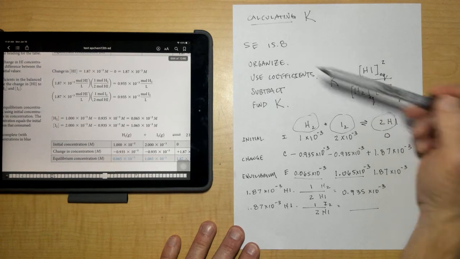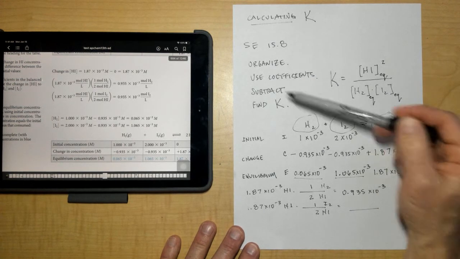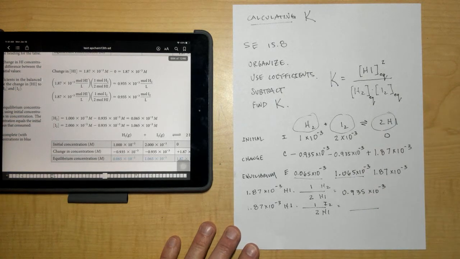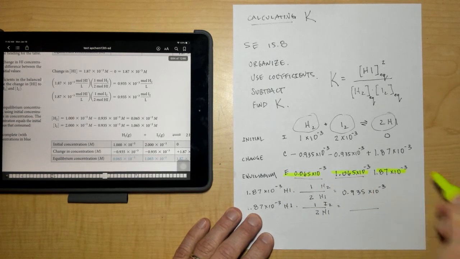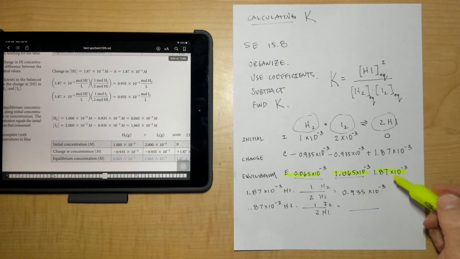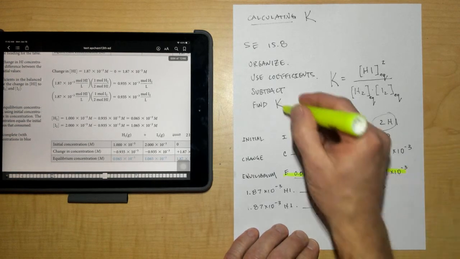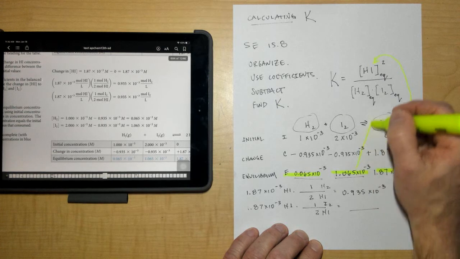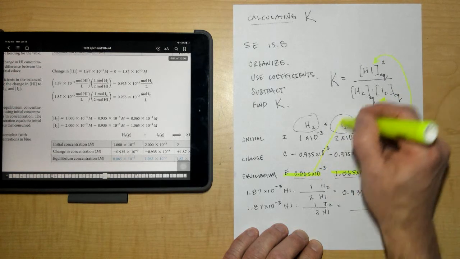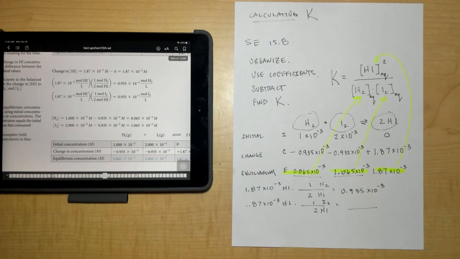Now, once we've organized, used our coefficients to find these out, and done the subtraction, we have the equilibrium amounts of hydrogen, iodine, and HI. Once we have these, we can put them into the K equation. So this goes in here for HI, this goes in here for I2, this goes in here for H2.